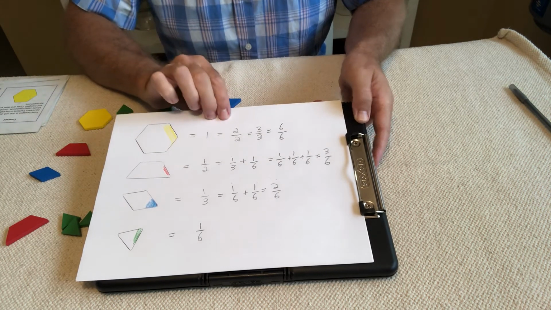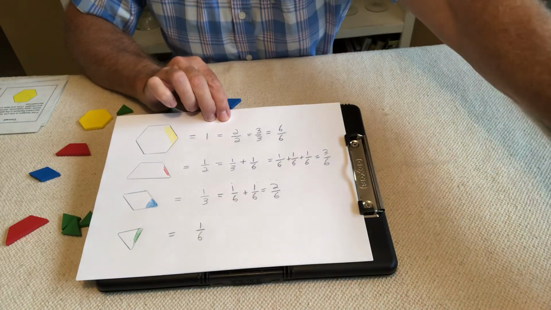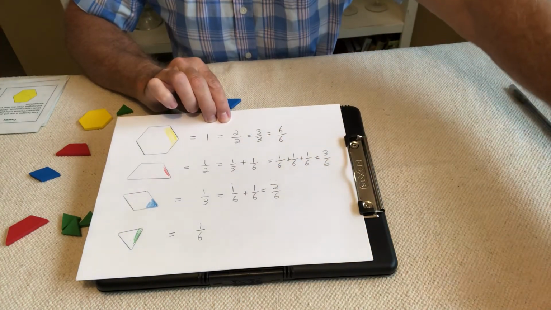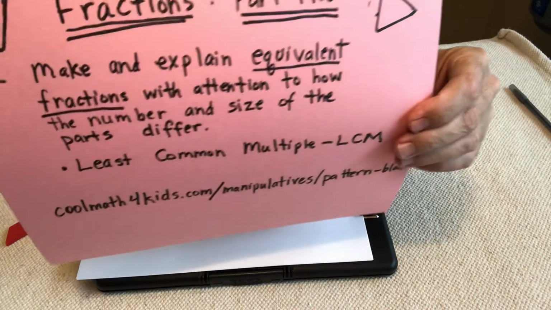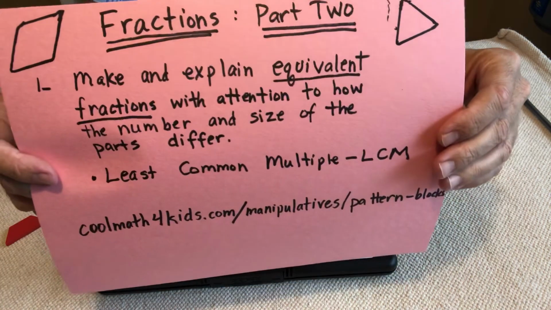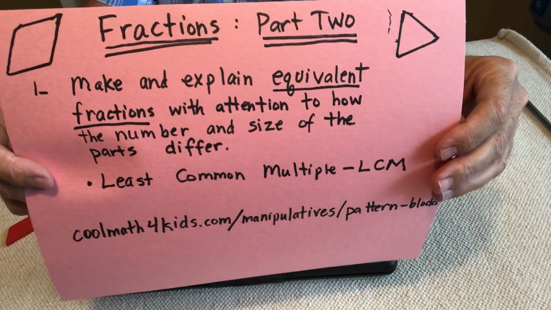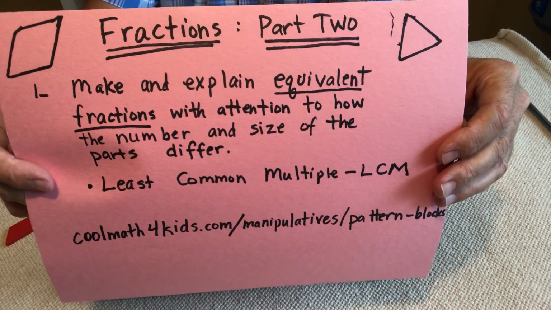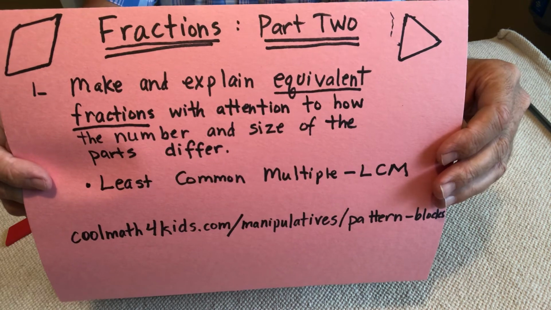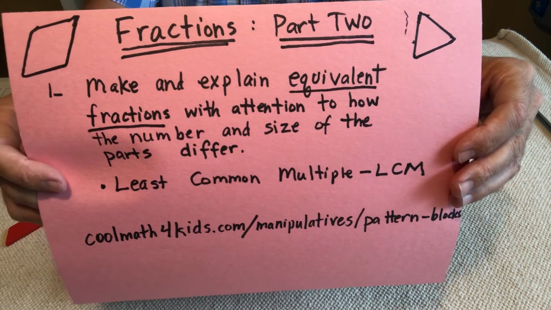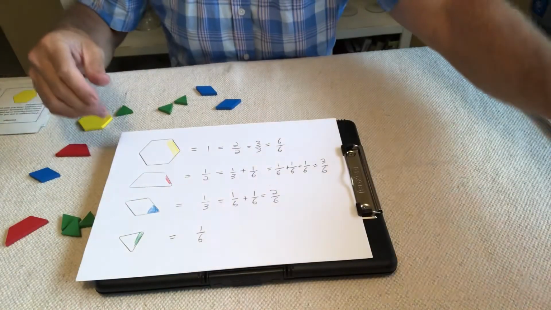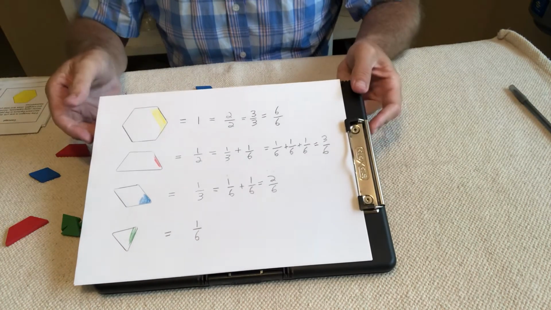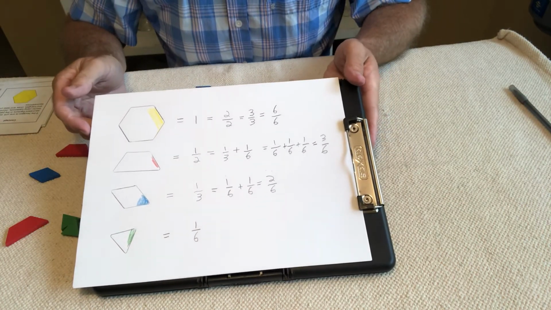So what was our goal for today? We said that we were going to make and explain equivalent fractions. We're going to pay attention to how the numbers and the size of the parts differed. Well, did we do that?